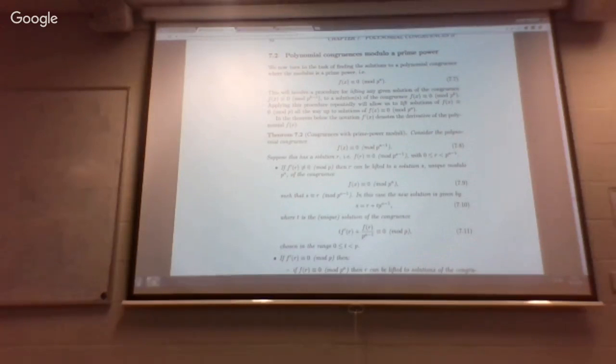So n is the product of powers of primes p_1, p_2, all the way up as far as p_r, say, and these primes are distinct. So the p_i are distinct primes. Every integer can be written like that. Fundamental theorem of arithmetic.